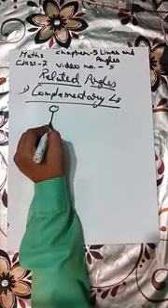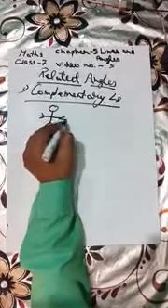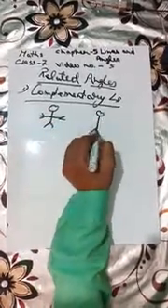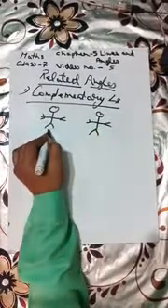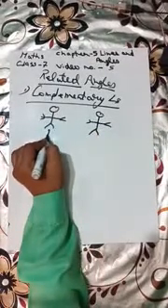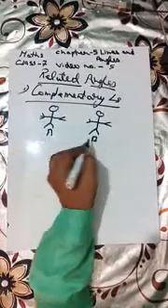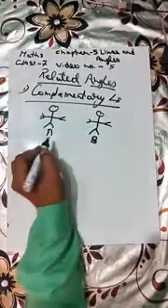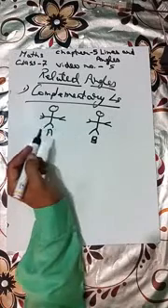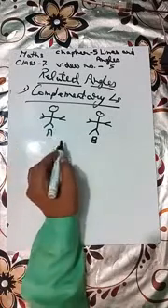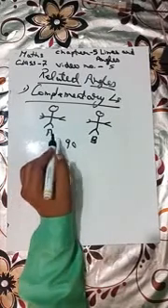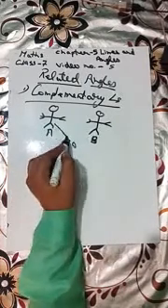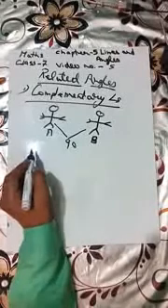There are two friends, this is A and this friend is B. Whenever they go out for any work, they always carry 90 rupees together.